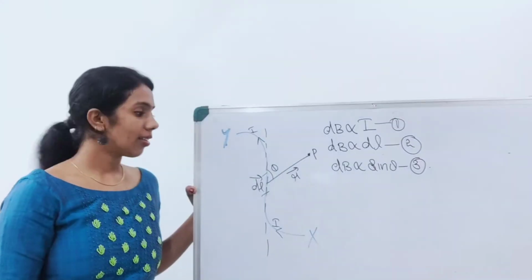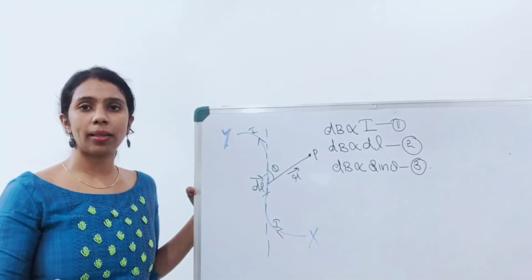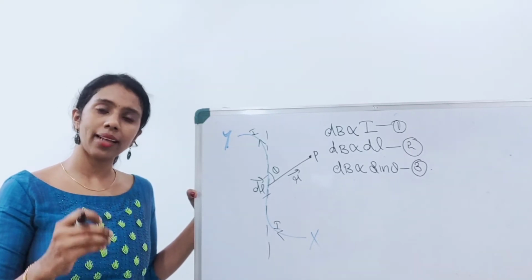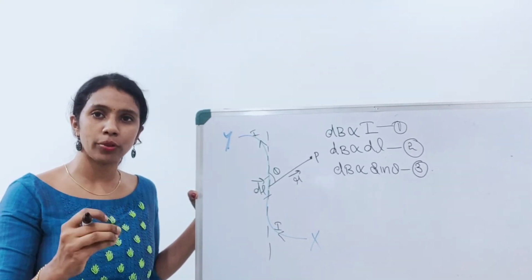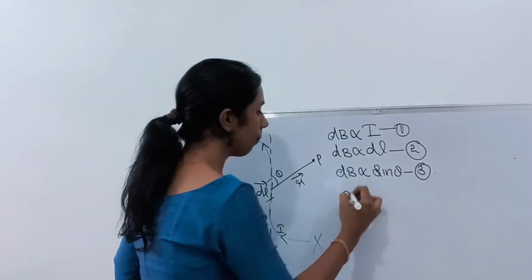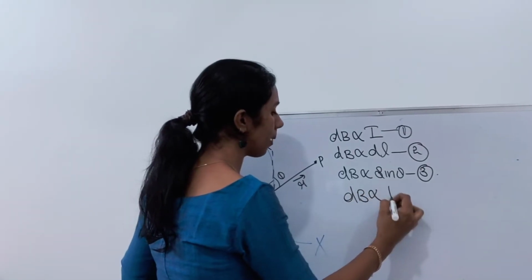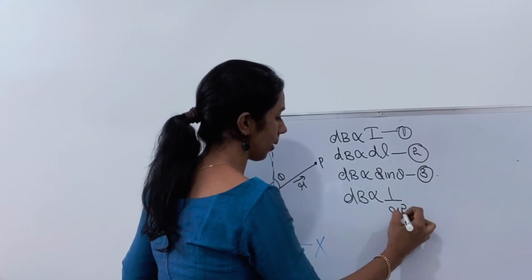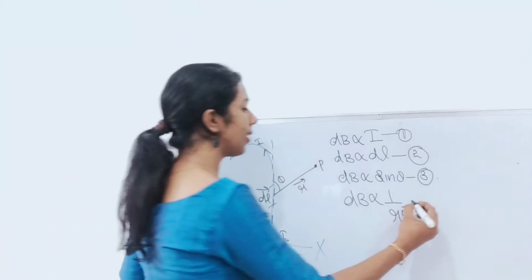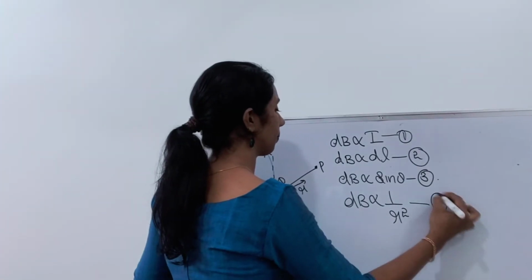And Biot-Savart's law, just like Coulomb's law, is also an inverse square law. So we can say that the magnetic field is inversely proportional to the square of the distance between them. So dB is inversely proportional to r square, or directly proportional to 1 by r square. Let this be equation number 4.